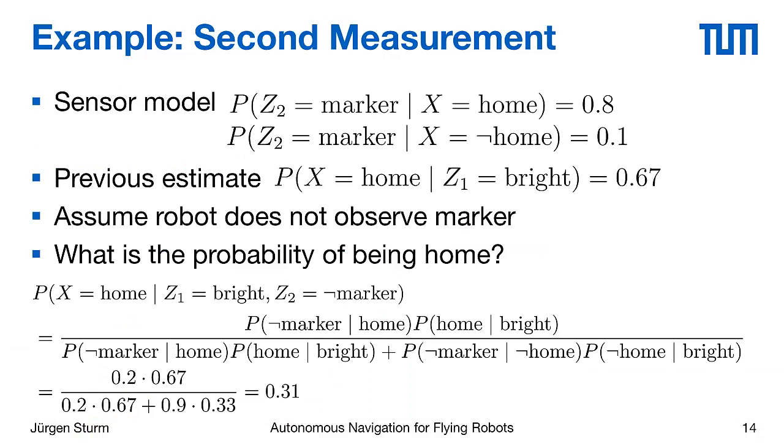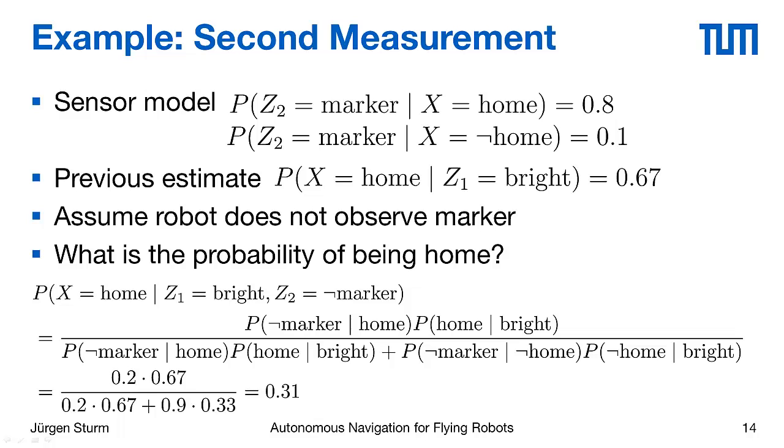And for this marker, again, we can specify a causal sensor model. So we can, for example, say that this sensor gives us a detection in 80% of the cases when we are above the landing site, and it also gives us false positives at a rate of 10% if we are not above the landing site.